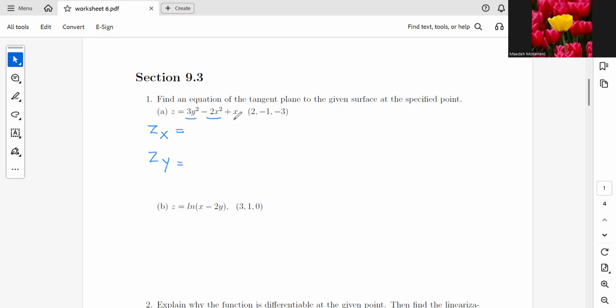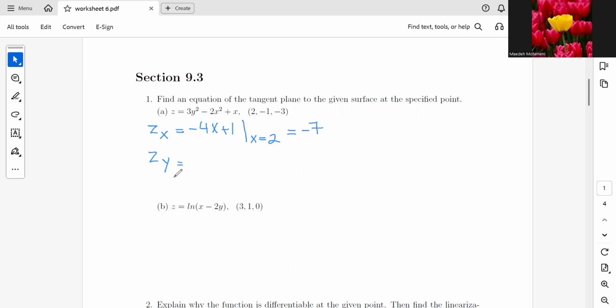The second term has x and also the third term. So the derivative would be negative 4x plus 1. We would evaluate this at the point x equals 2, because there is no need to write the y value and z value. We only have the x value here. If we plug in 2 here, we would get negative 7.